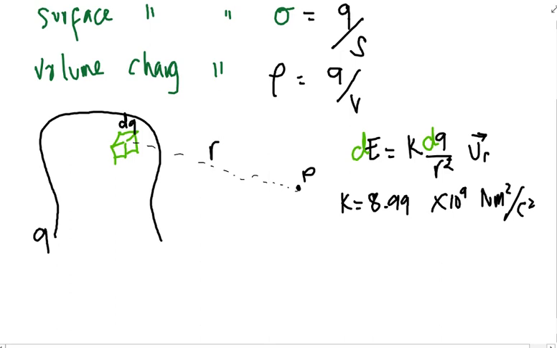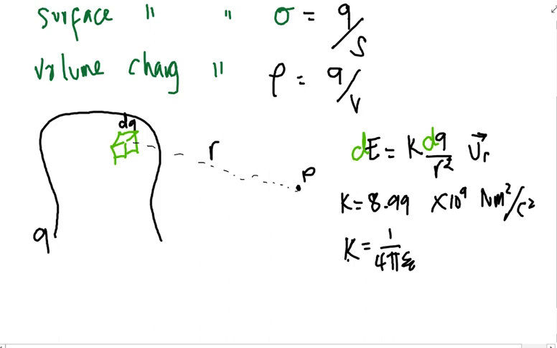Or we can use the vacuum permittivity, epsilon naught, the permittivity of free space, so k is equal to 1 all over 4 pi epsilon naught.